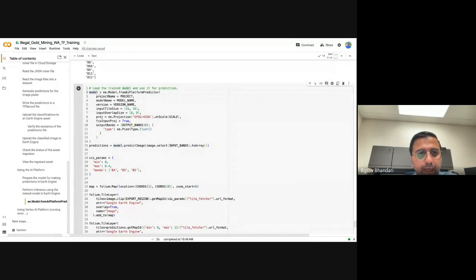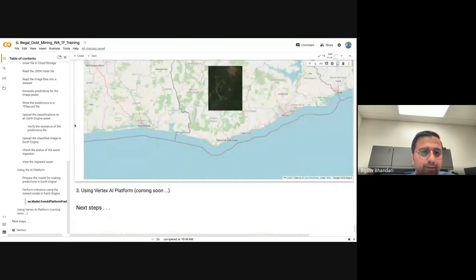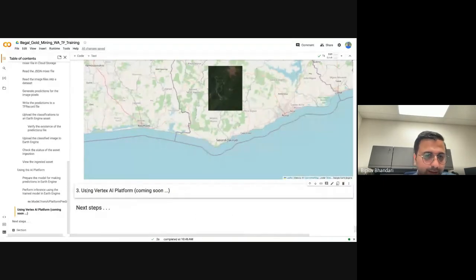And the way we do that is by using ee.model.from_AIplatform_predictor, and there are several parameters that you can specify, which I've discussed extensively. And then the third is again using the Vertex AI platform, which will probably be released publicly after October.